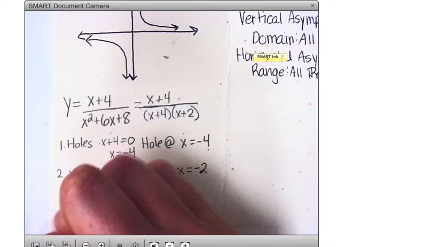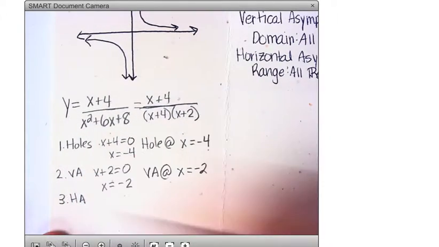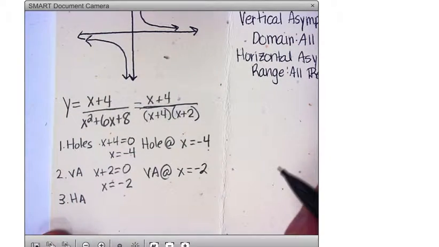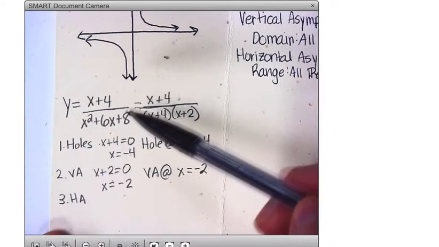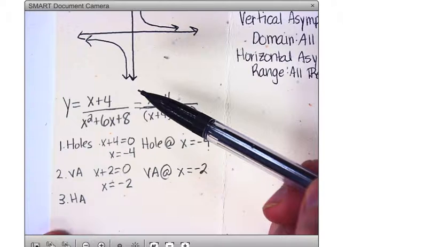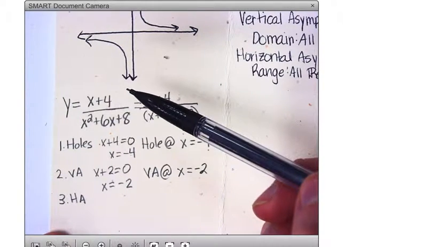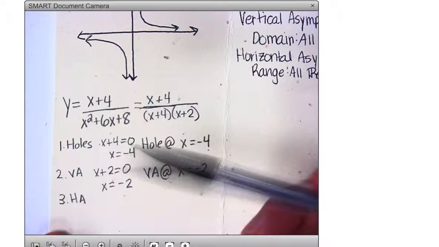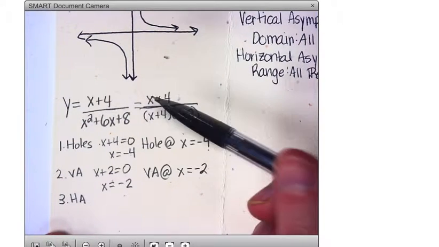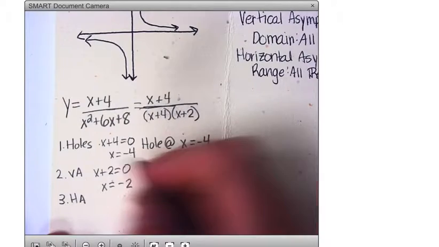All right, what about horizontal asymptote? Is it bigger on bottom or bigger on top or the same? Bigger on the bottom. So bigger on bottom, 0. Y equals 0.